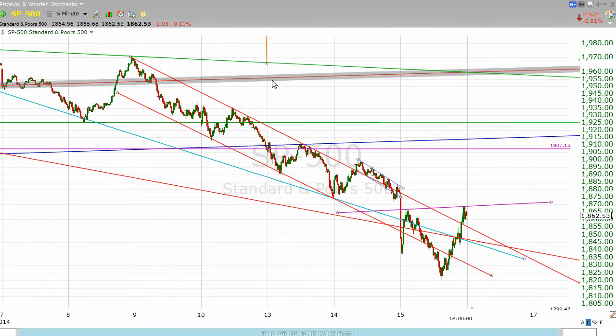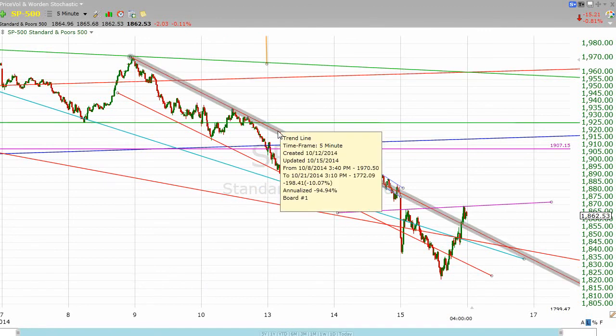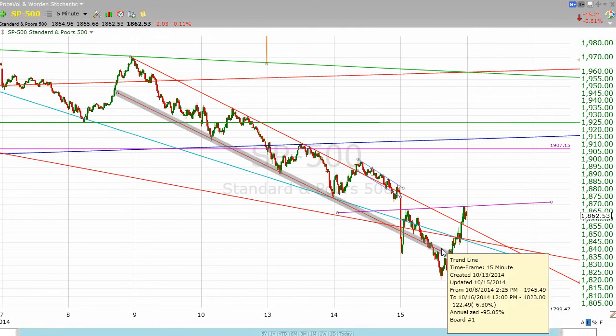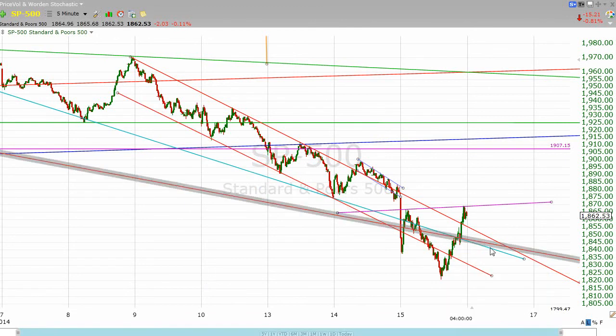So just as we've been looking at this descending line right here as an indication of when this selling might be over, the converse would be true if we see that rally up once again over 1900.